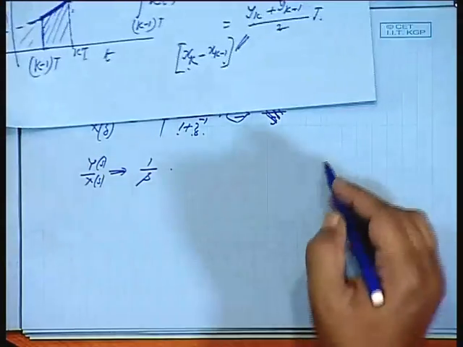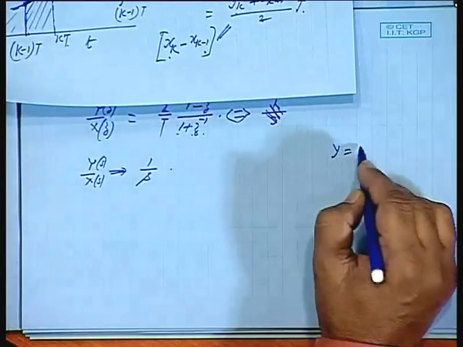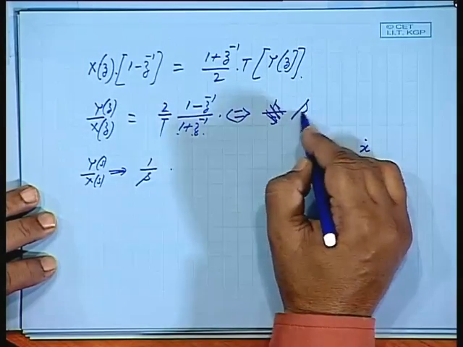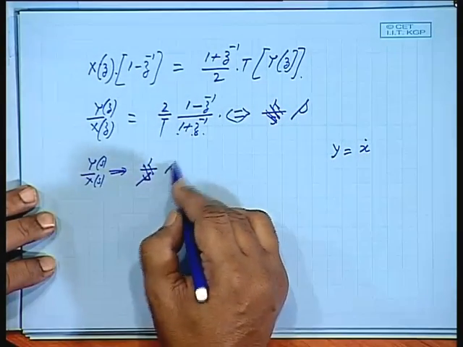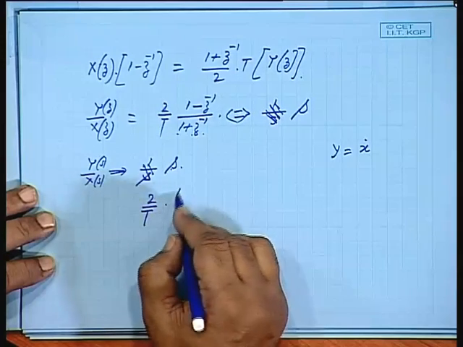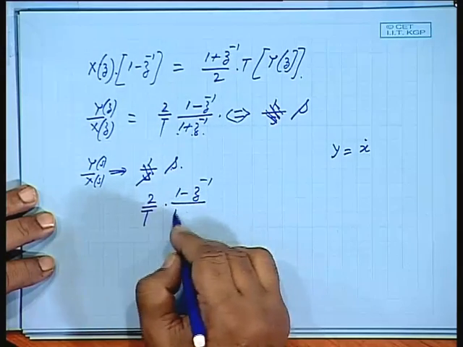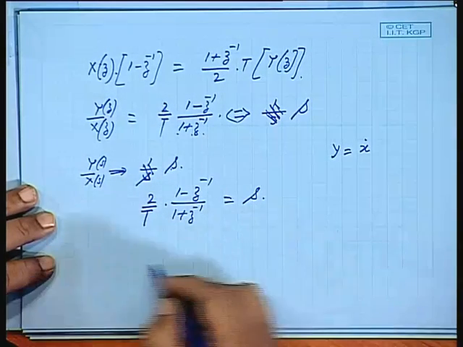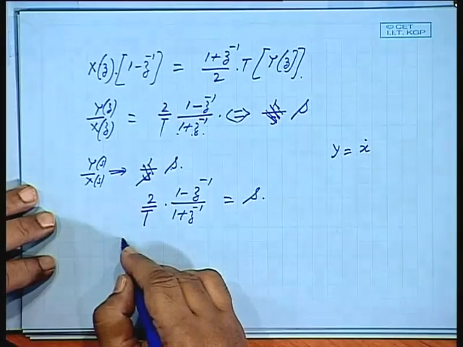Y is equal to x dot, so it should be equal to s. So, 2 by t into 1 minus z inverse by 1 plus z inverse is equivalent to s, or 1 by s.